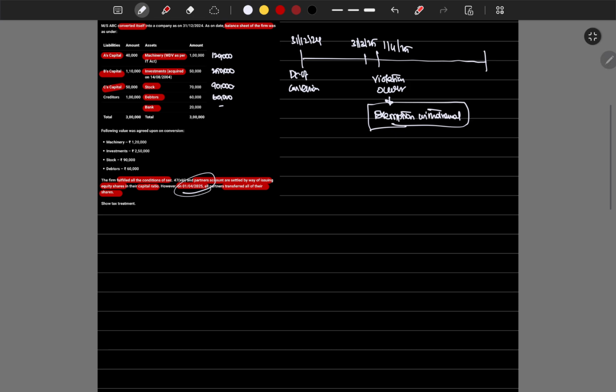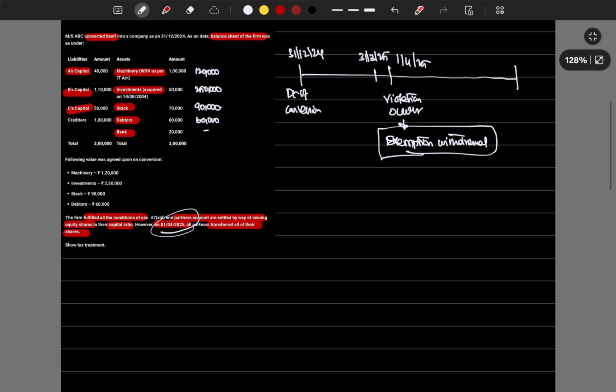Yes, this is the actual timeline. The machinery, investments and the stock: which are the depreciable assets here? Machinery is depreciable. Investments are not depreciable. If depreciable, it means section 50; if non-depreciable, section 48.